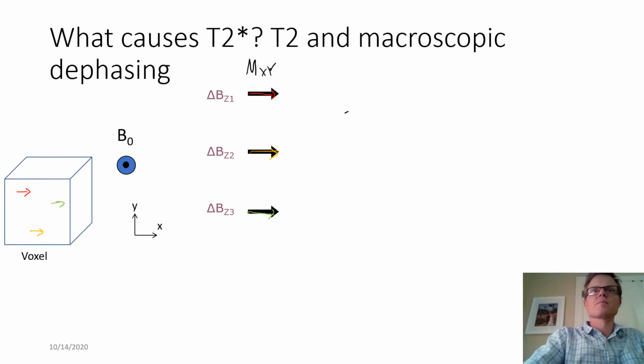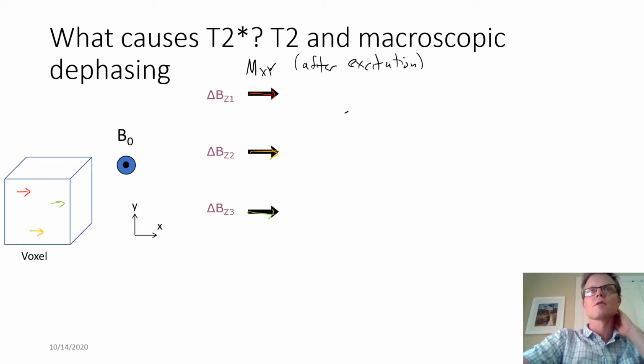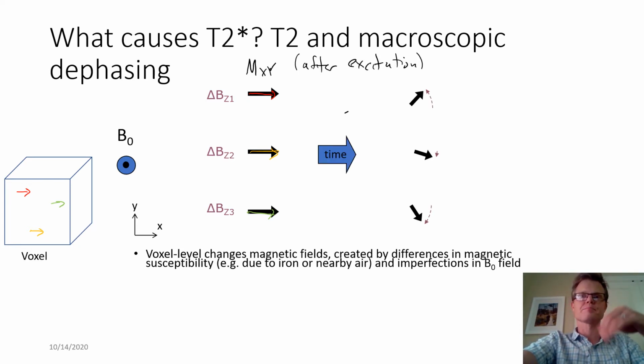And this picture is looking after excitation at, so we have some transverse magnetization, and because these different places in our imaging voxel experience slightly different magnetic fields, they're all going to have slightly different rates of rotation or rates of precession.